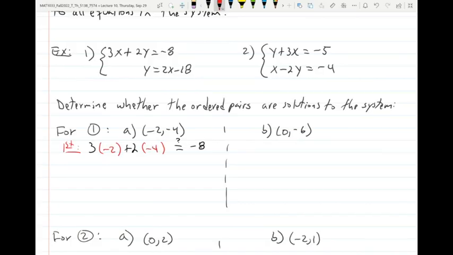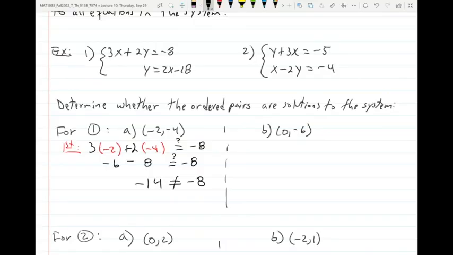It's always good to open parentheses where the variable is, and then you just put inside its value. So let's compute. 3 times -2, that's -6. Then -8, right? Because 2 times -4. And then we're wondering, is this equal to -8? Well, -6 minus 8 is -14, and this certainly is not the same as -8.